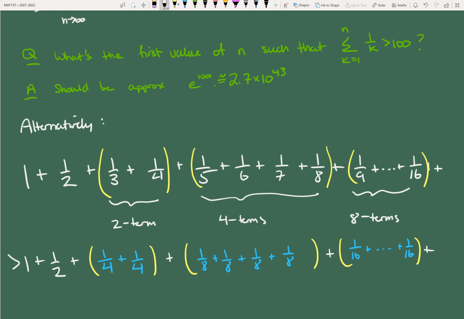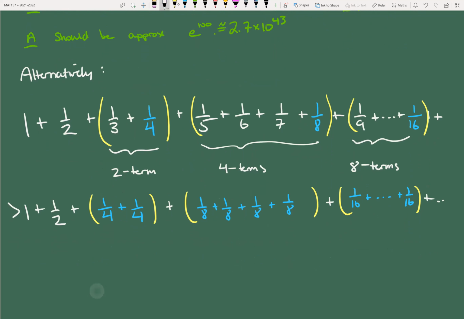Does that make sense so far? Does everyone see what I'm doing? Maybe let me color code this, like that. Okay. So what happens? What do you get?